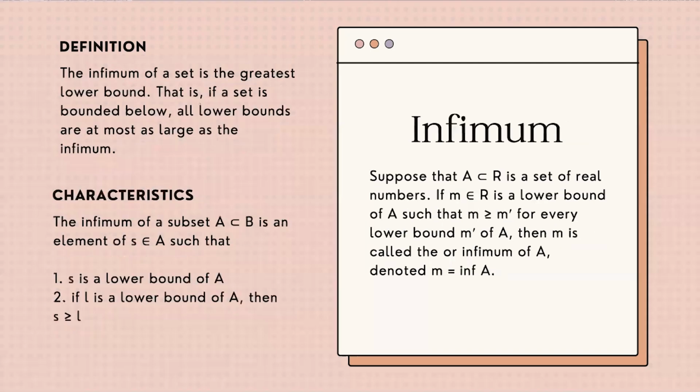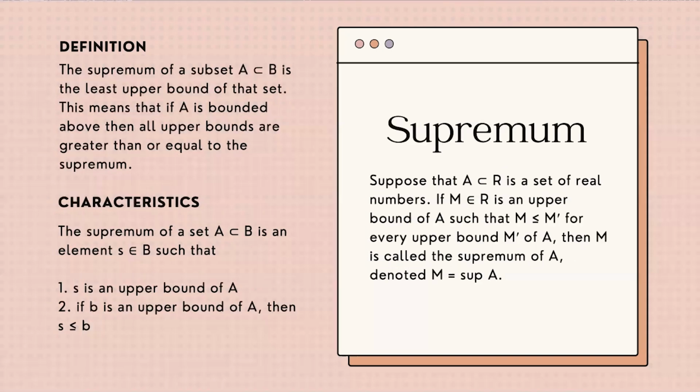Nabalikan natin kanina, the characteristics of our infimum should be lower bound, and if it is a lower bound, then it's the greatest of the lower bounds. Now, here, it should be an upper bound, no? And most likely, if we talk about supremum, forgive me for this, but most often, it is denoted by capital letters.